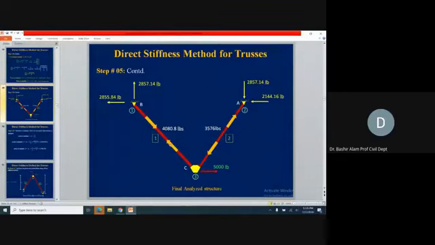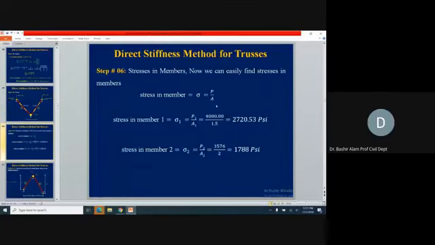Now here you see it was in tension and this is in compression. Tension means away from the joint and compression towards the joint, and these two forces now we found. You can find out the stresses also now in these members. So stresses, when we go now, already we have the force in member 1 and the cross-sectional area.